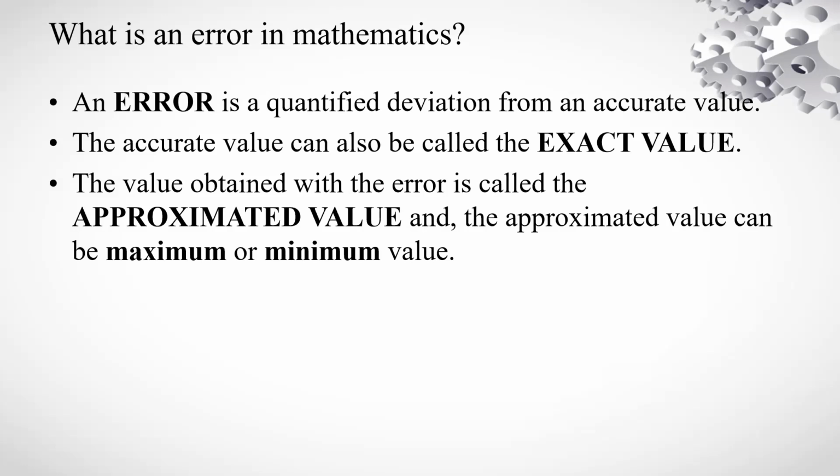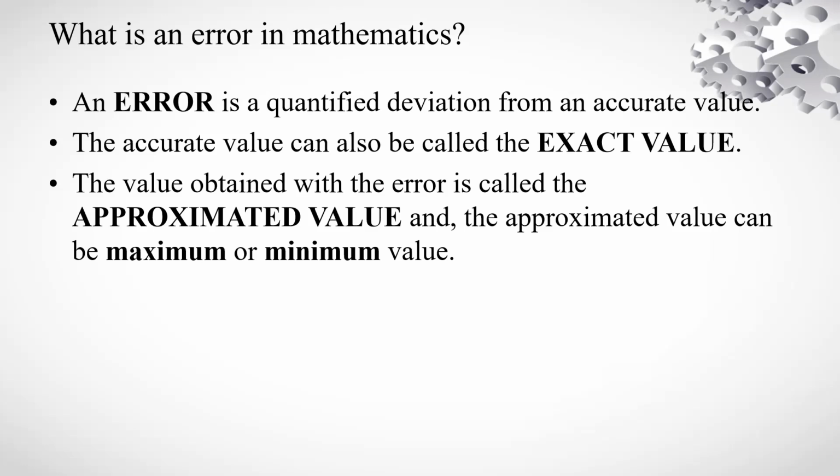An approximated value can be the maximum or minimum value. For example, you may be measuring the length of something, let's say, of a container. But you may find that you've under-measured or you've over-measured, maybe because of a faulty instrument or any other thing that causes you to make a mistake as you obtain that length of the container.